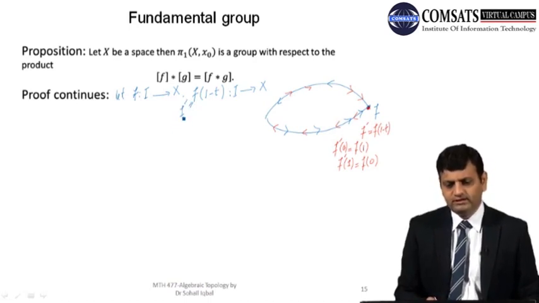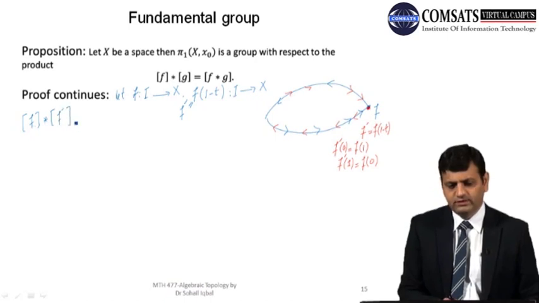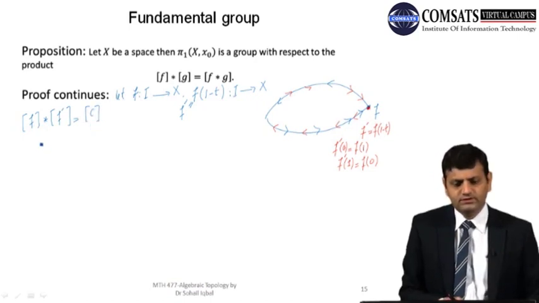Now we will show that the path class of f has inverse f prime. In other words, their product is equal to the homotopy class of a constant function. Now consider the homotopy H of x, t, which is equal to F of x, t star G of x, t. So what is F of x, t?